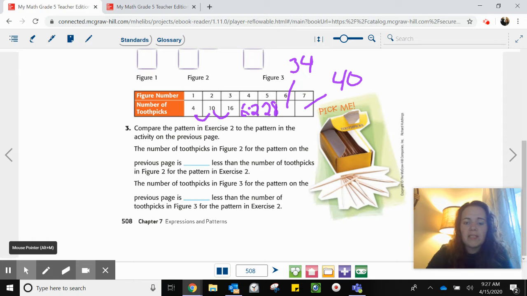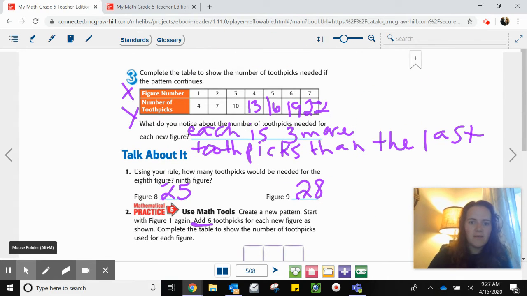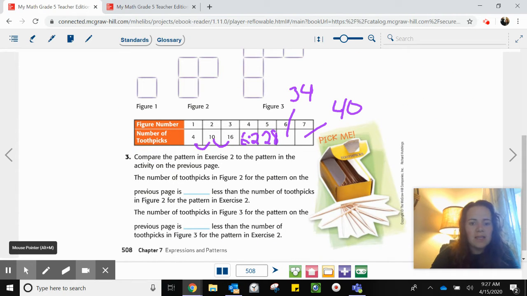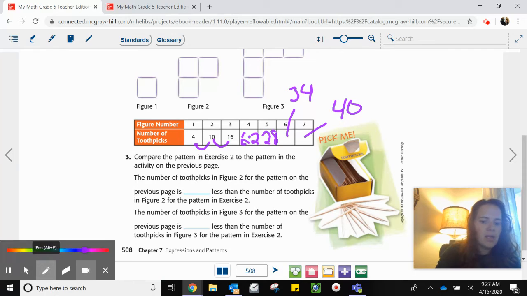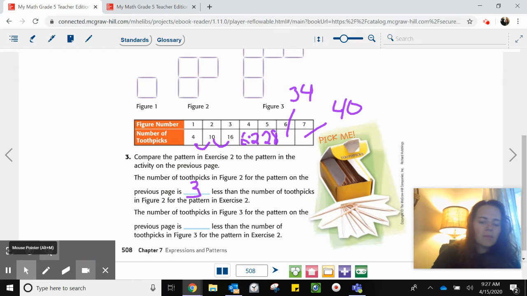So the number of toothpicks in figure 2 for the pattern on the previous page, figure 2 had 7 toothpicks. How many less is that than the number of toothpicks for figure 2 in this pattern? Well, this pattern's 10. The previous pattern is 7. Therefore, it would be 3 less or 3 fewer toothpicks. Then the next one, we're looking at figure 3.